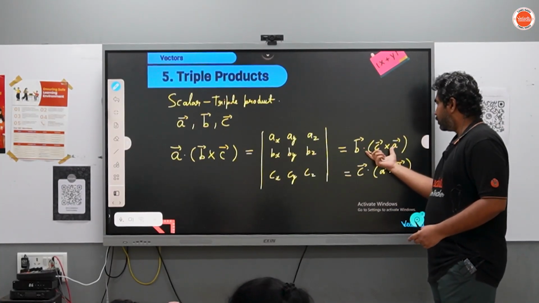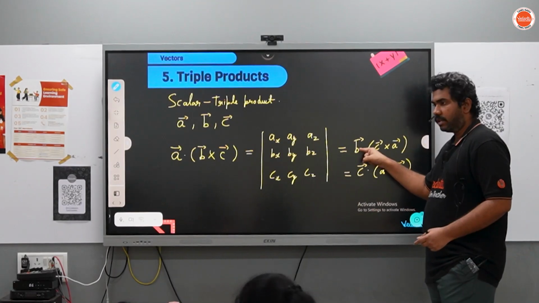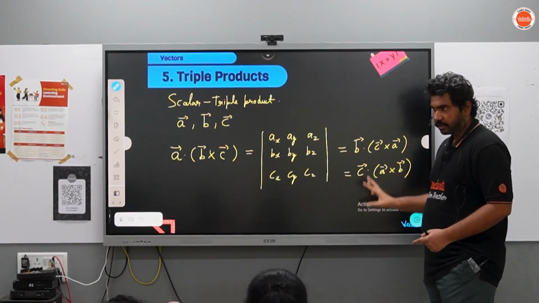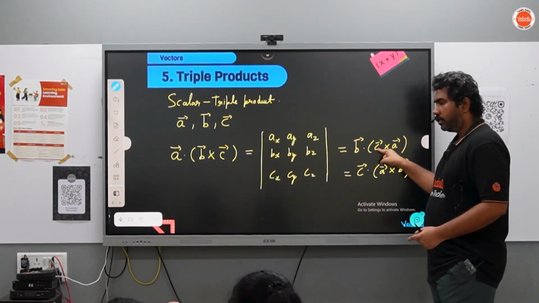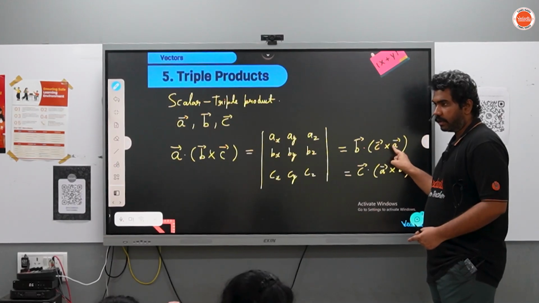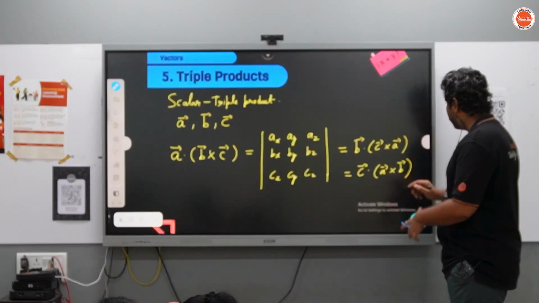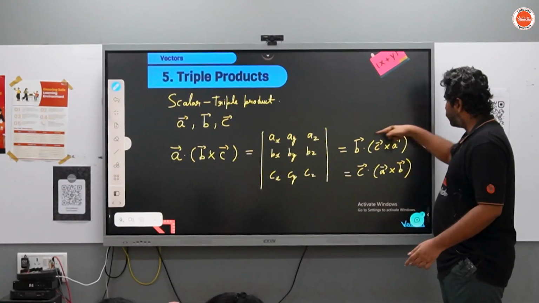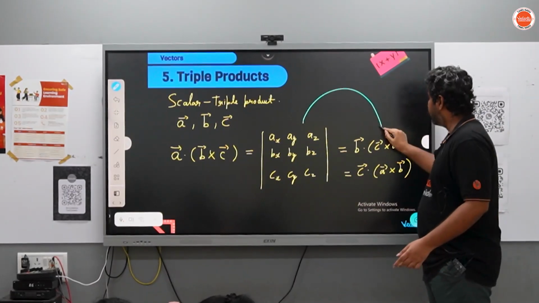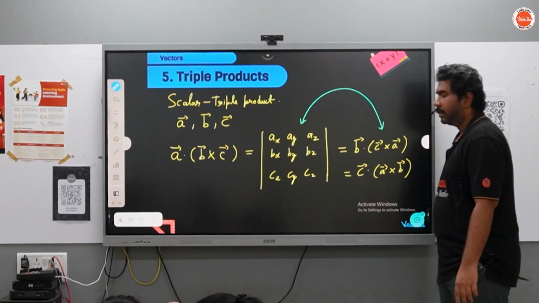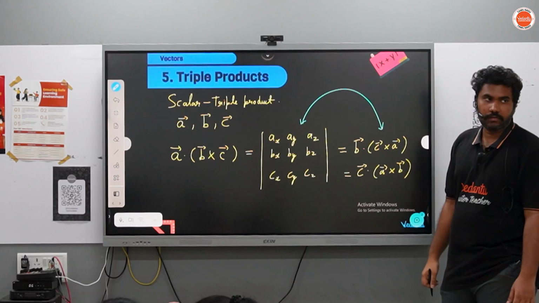In this place the components of B fill the first row, components of C the second row, components of A the third row. But how is it equivalent? Cyclic, yes. A cyclic order is followed.